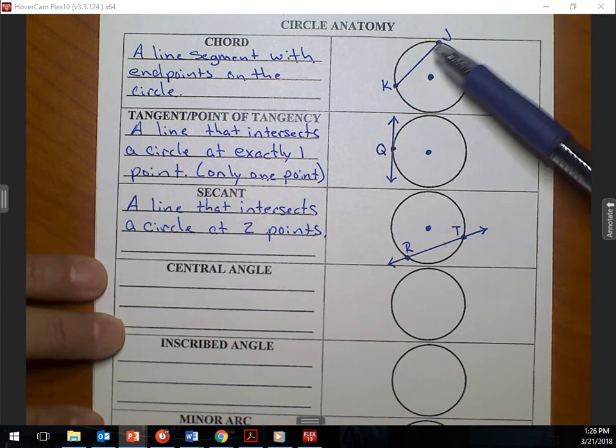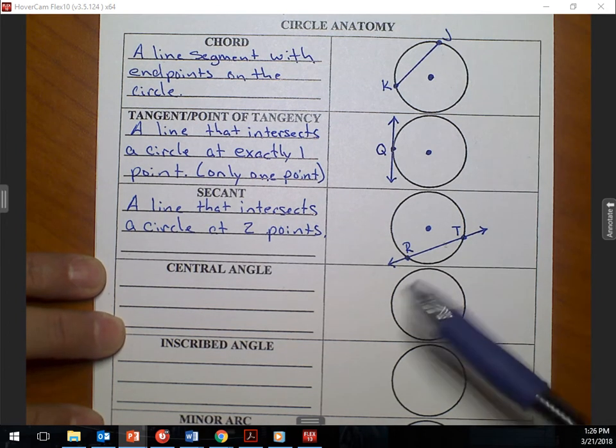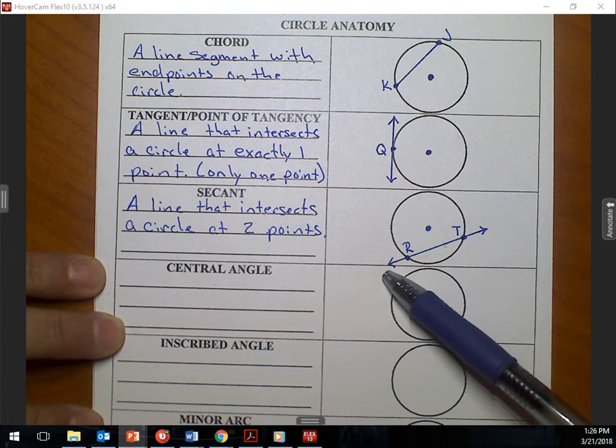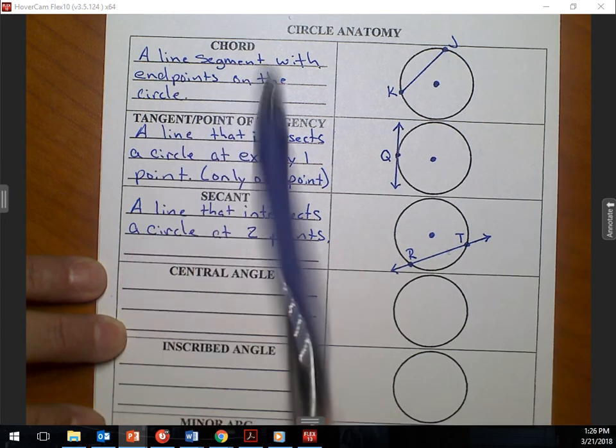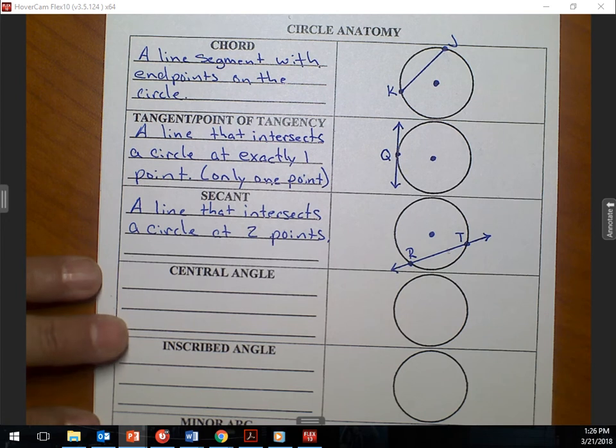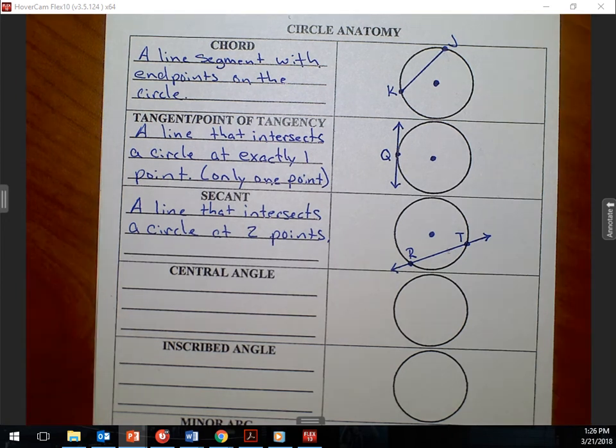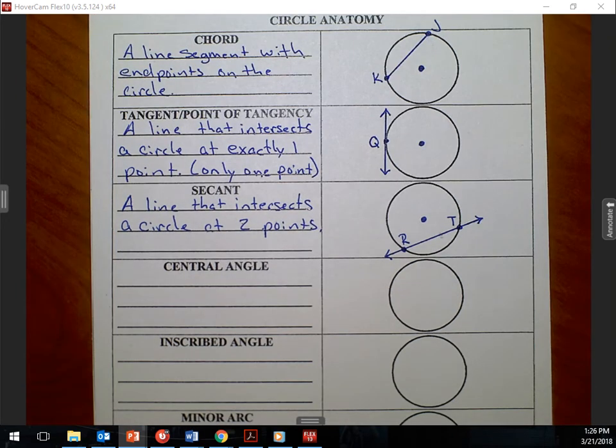A chord has endpoints, a secant does not, because a line segment has endpoints where a line does not. Kind of like, if you remember way back in semester 1, a ray has one endpoint and then goes on forever. A line segment has two endpoints, so it ends on both sides, and a line goes on in both directions forever.